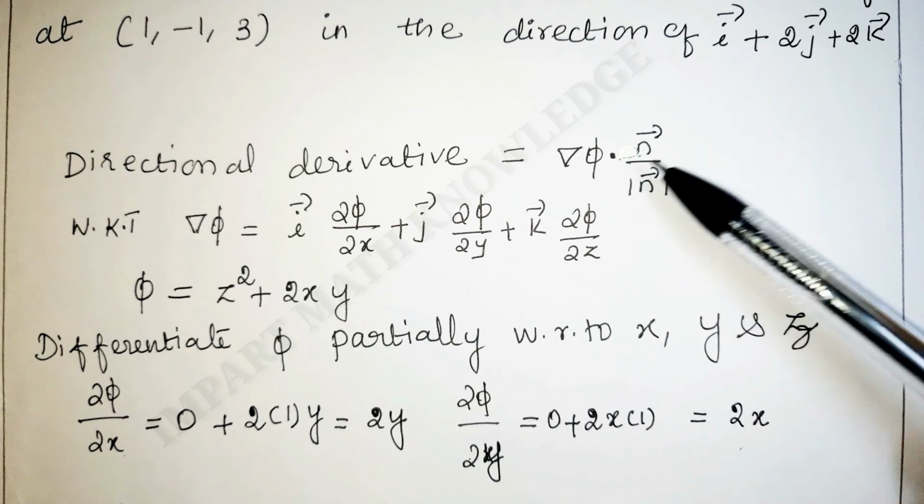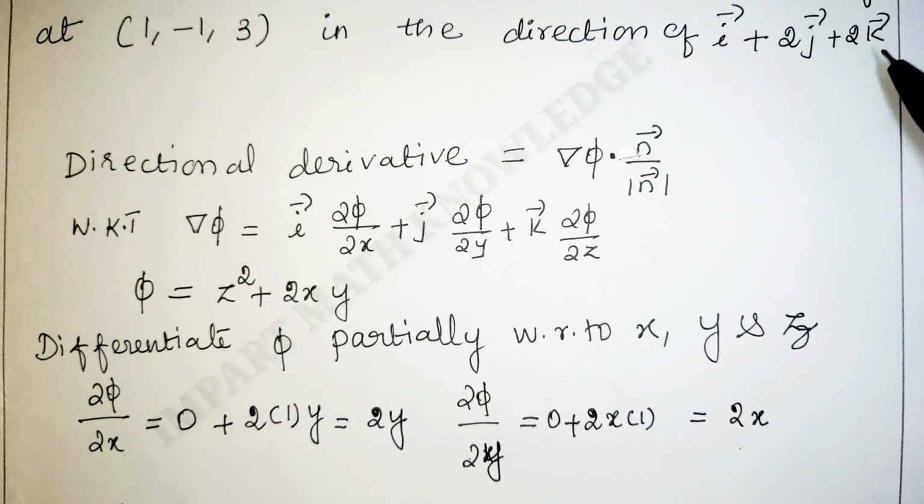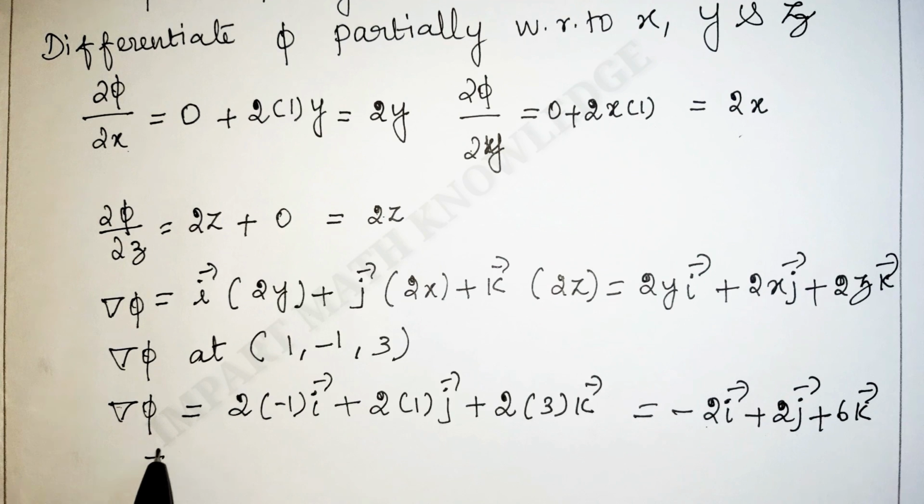Del phi is over. N vector is nothing but the direction i vector plus 2j vector plus 2k vector.